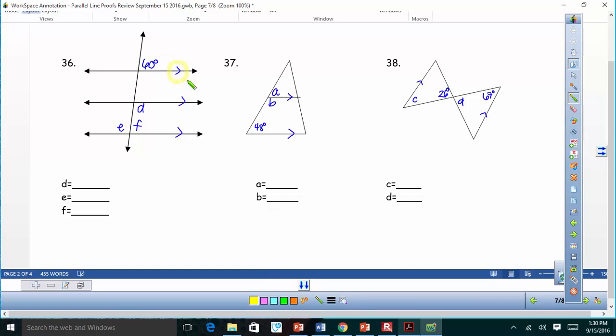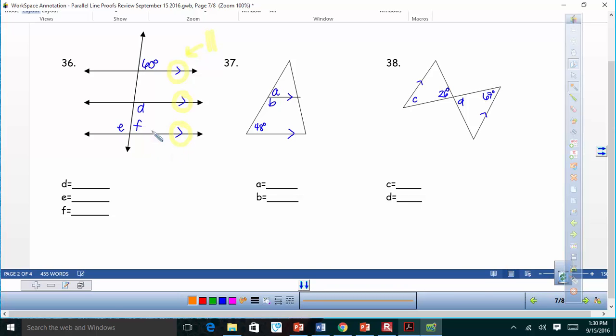Okay, these arrows right here tell me that they are parallel. So if you don't know that, you need to write that down. These mean parallel. Okay? Now, the easiest way to do this, because some people freak out because there's 3 parallel lines, is just take your finger and cover up that bottom line.